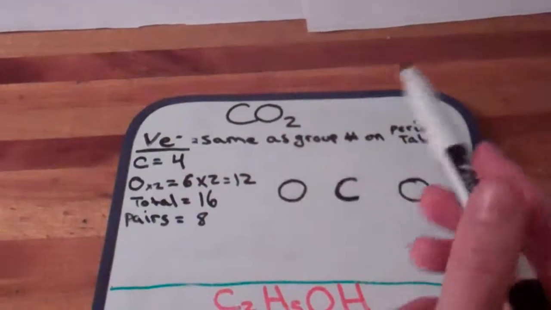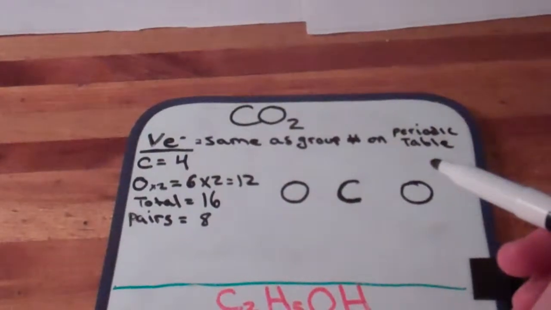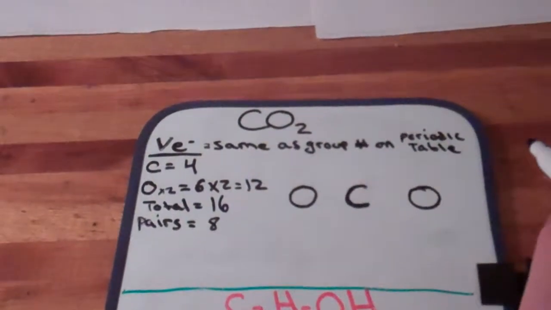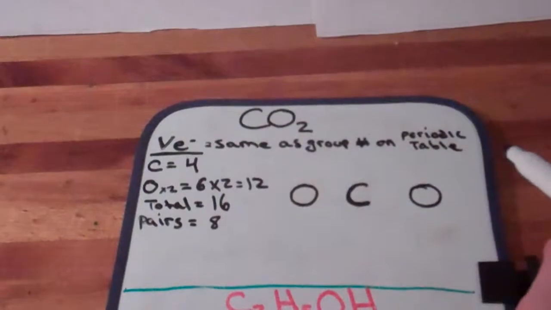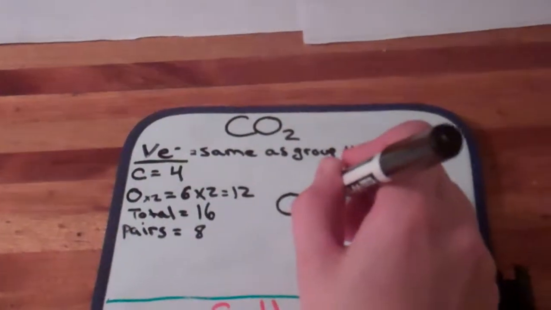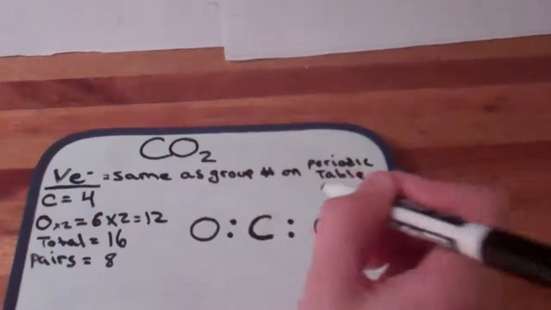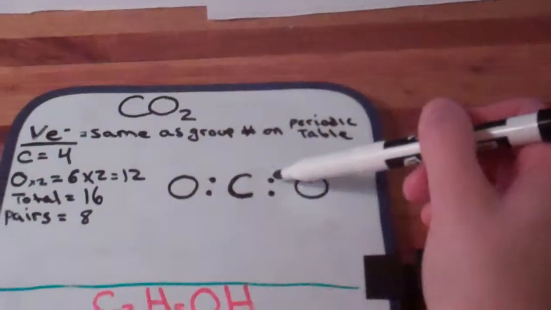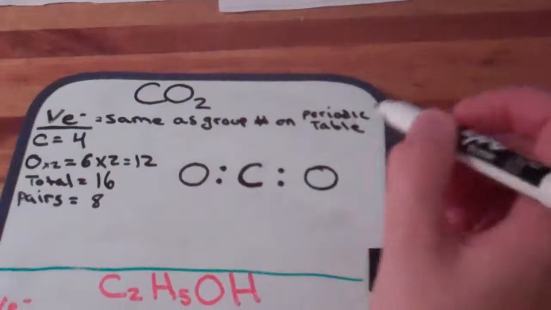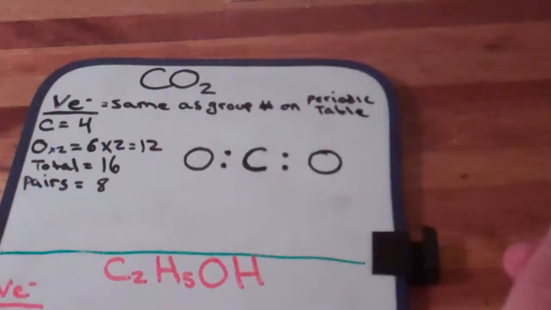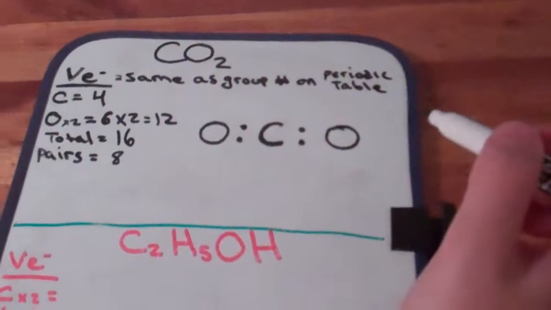And rule 3, we have to place the pairs between the combining atoms. Okay, like that. So this is a single bond. You can either do it that way or in a straight line, whatever you prefer.